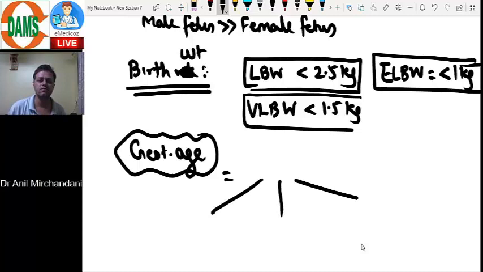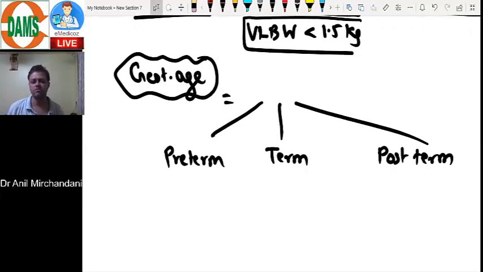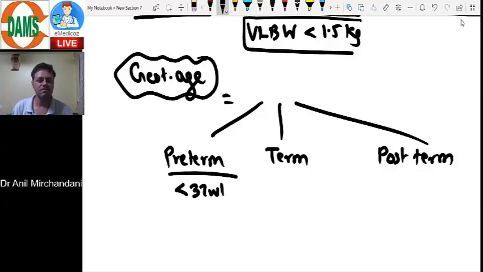Gestational age is divided into preterm, term and post-term. Preterm is less than 37 weeks.